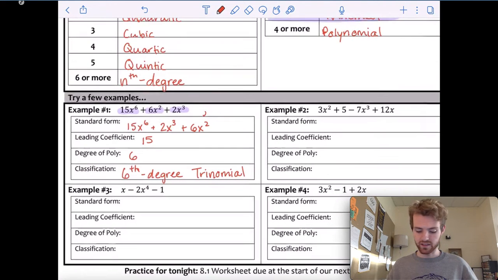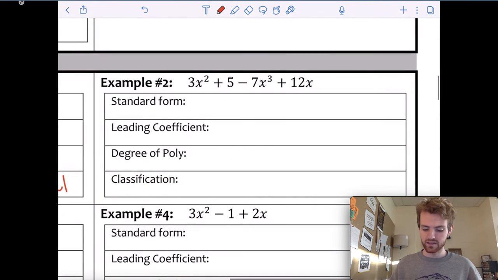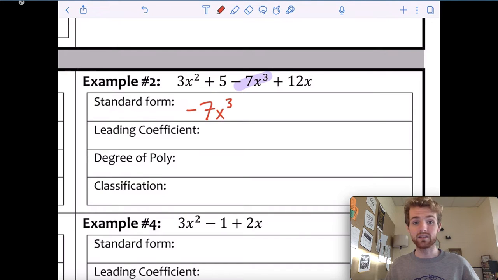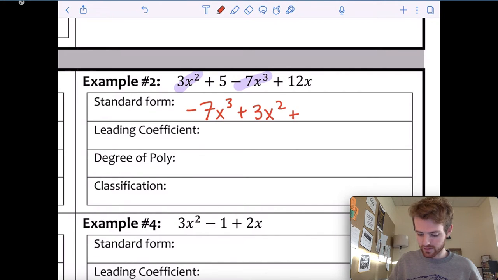Same idea, example 2. The biggest exponent I see is this 3. Make sure you keep that -7. That negative sign is really important to keep. Next, we will go with 3x squared, followed by 12x plus 5. 12x being the next biggest, and 5.